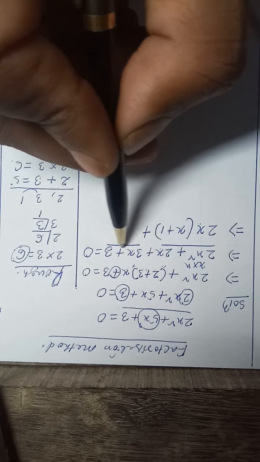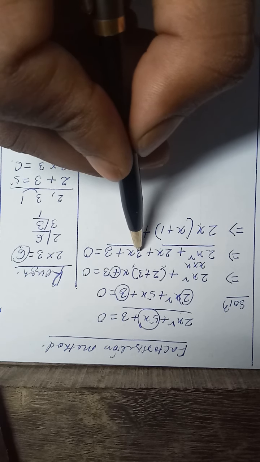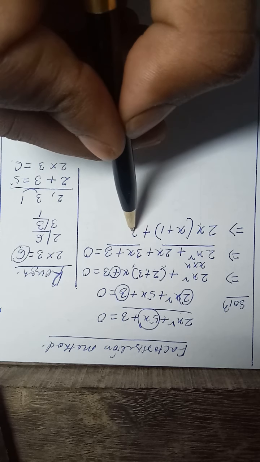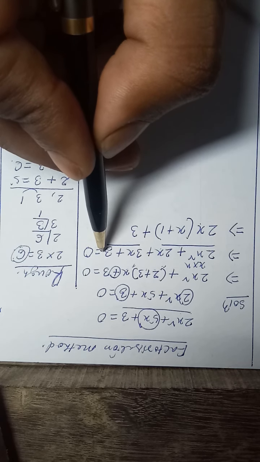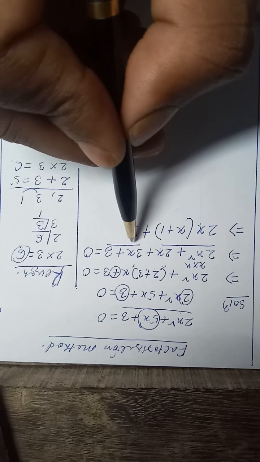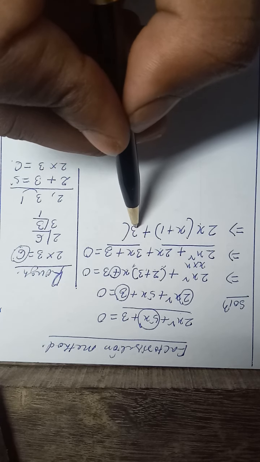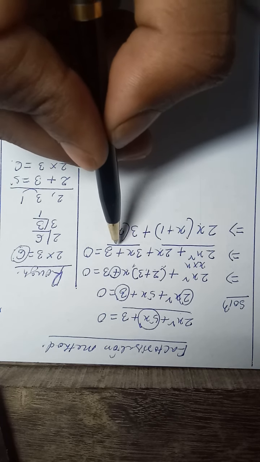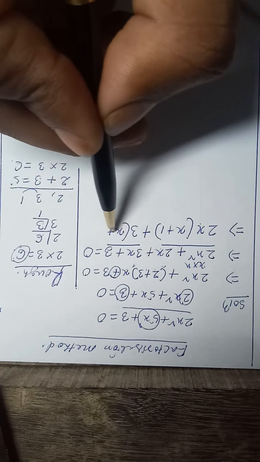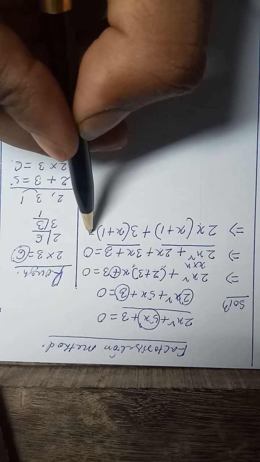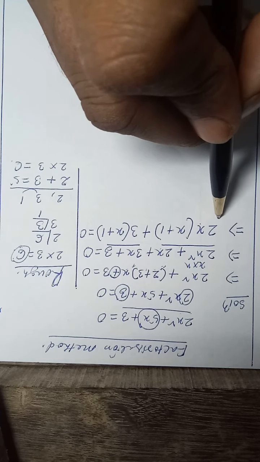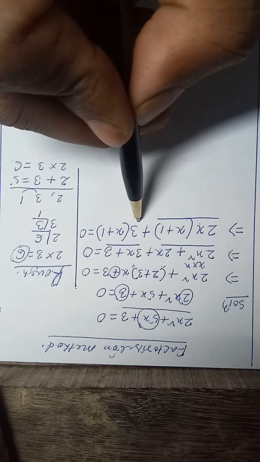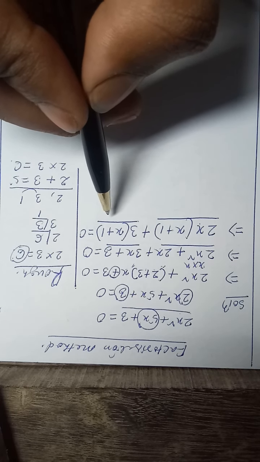plus now in these two terms, 3 is common. Here variable x is there, but there is no variable in this term, so there is no common variable. Then from this term 3 is taken common, x is left, plus, and from this term 3 is taken common, so 1 is left, = 0. Then in these two terms once again we have to check the common.